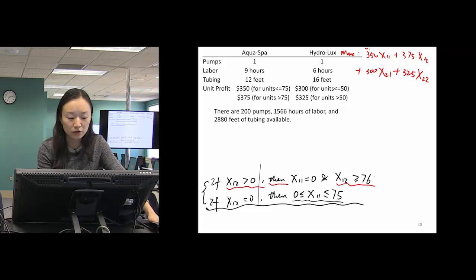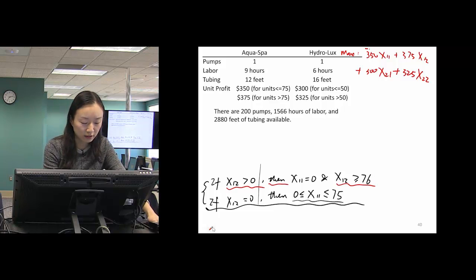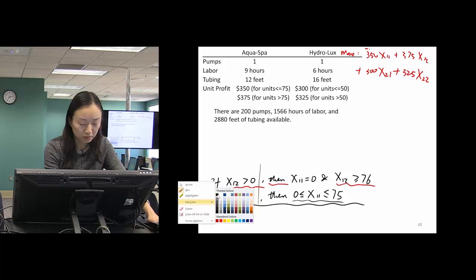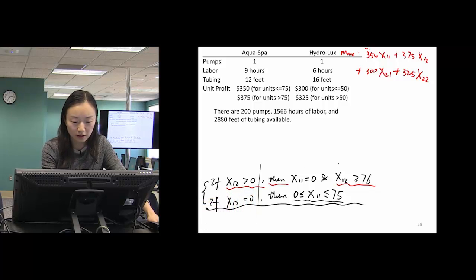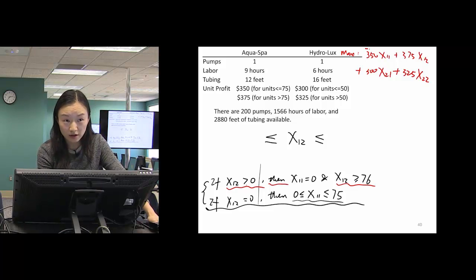So what's the constraint for that? What's the constraint for this part? Did you guys see this part? Everyone? The one that I highlighted with red. That's the minimum order size problem.